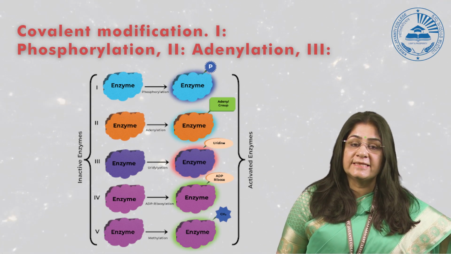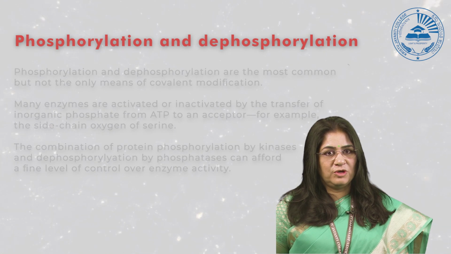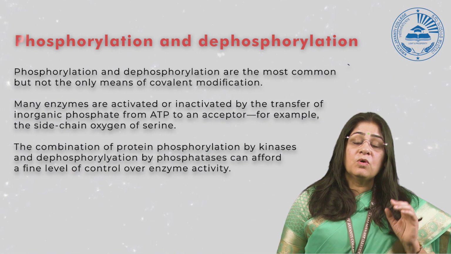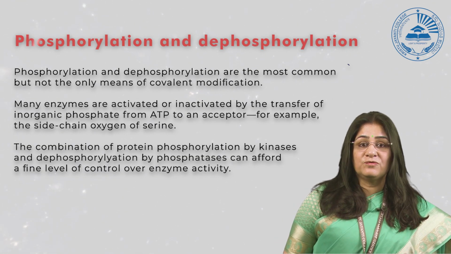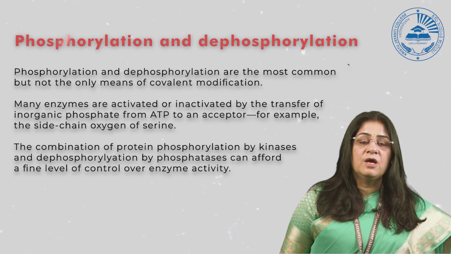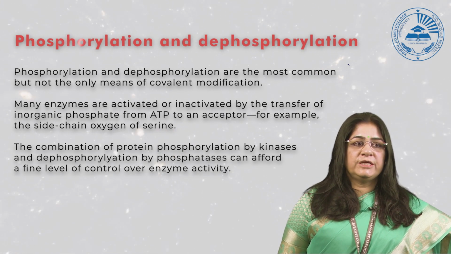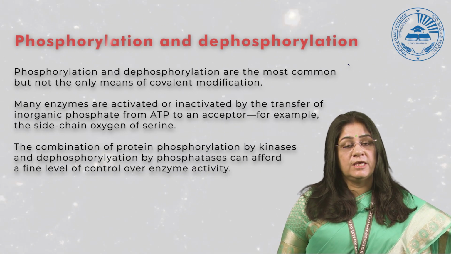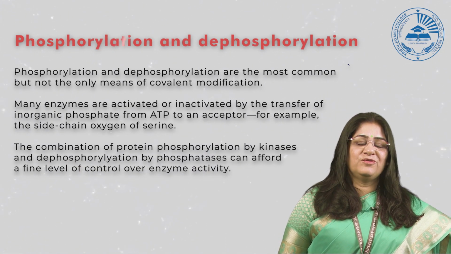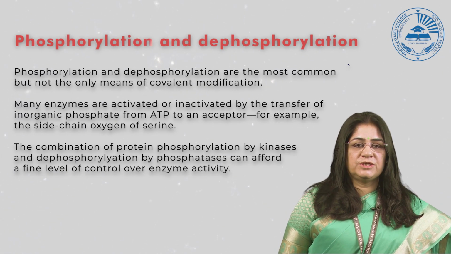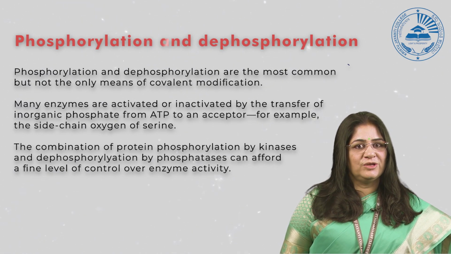Now, going into the detail, let us take one example of covalent modification, phosphorylation and dephosphorylation. They are the most common but not the only means of covalent modification, as we discussed. Many enzymes are activated or inactivated by the transfer of inorganic phosphate from ATP to an acceptor, for example, the side chain oxygen of the serine molecule in your protein.